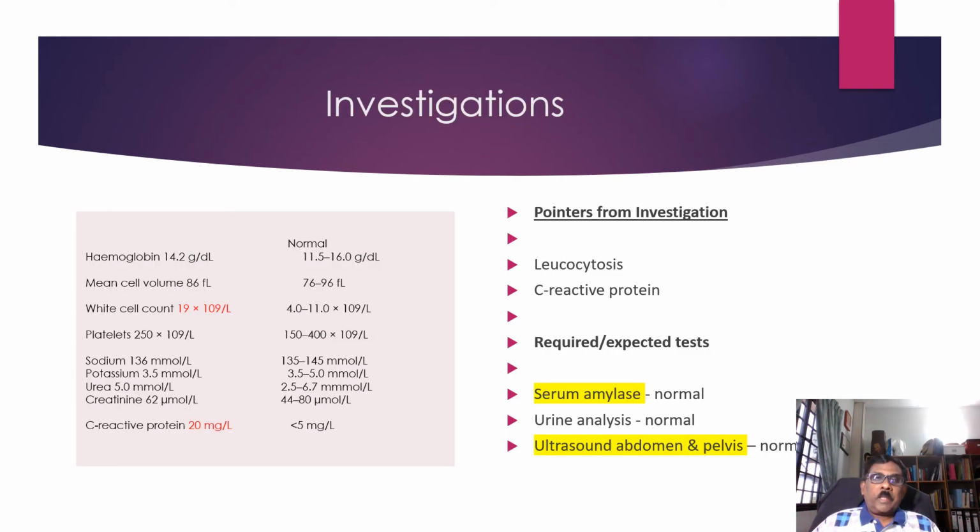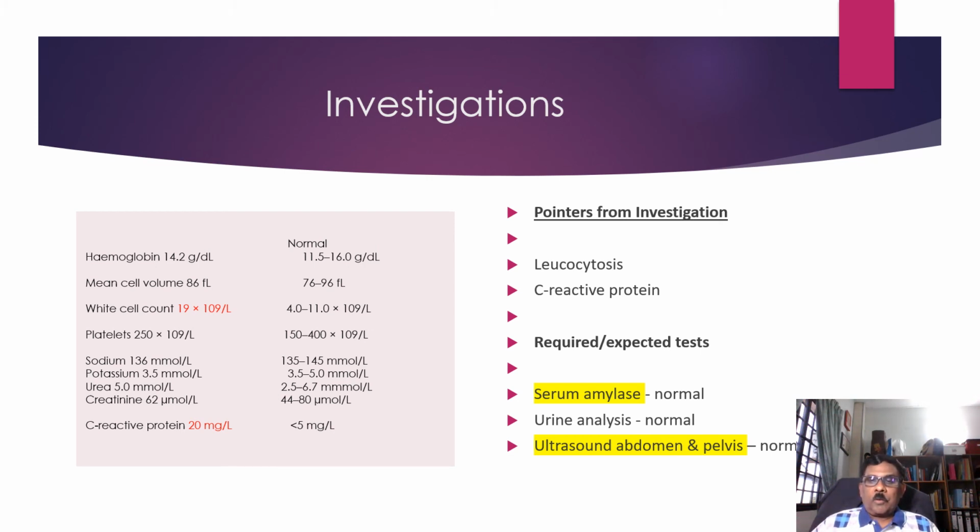Okay, next we carry on with the investigations. In the investigations, white cell count is high, so there's leukocytosis, and C-reactive protein is raised, which suggests an inflammatory and probably infective cause. We need the serum amylase, urine analysis is normal, ultrasound of the abdomen and pelvis.